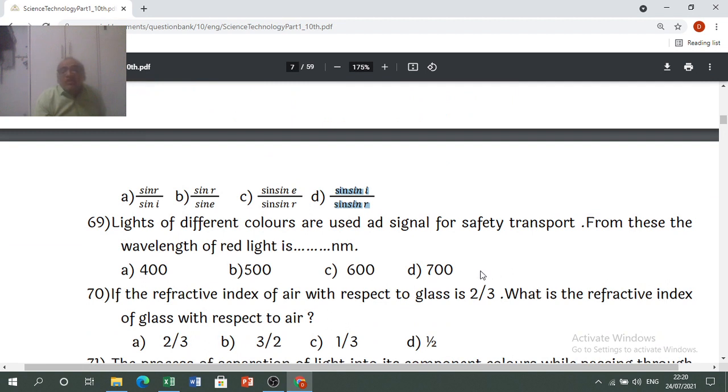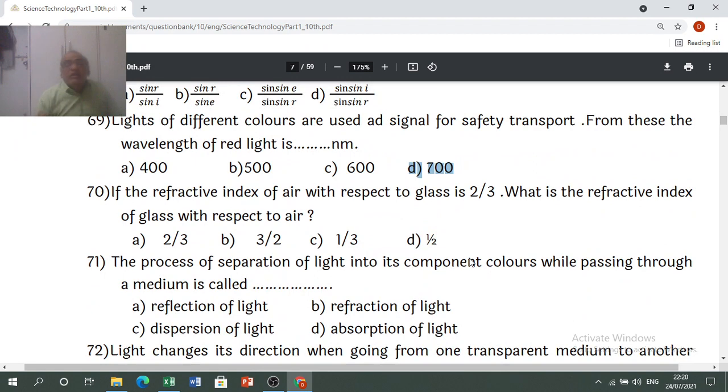The wavelength of red light is 700 nanometers. If the refractive index of air with respect to glass is 2 by 3, then the refractive index of glass with respect to air is 3 by 2.